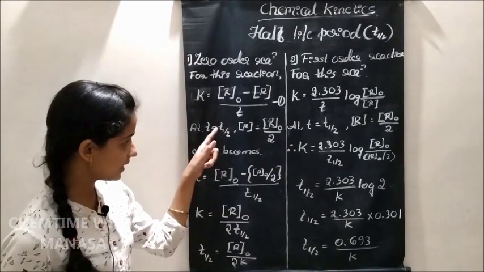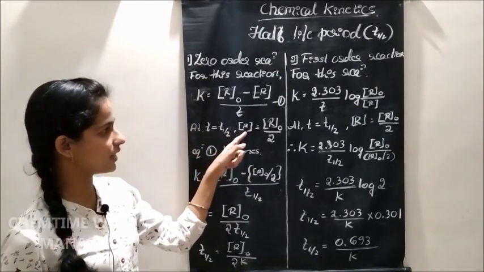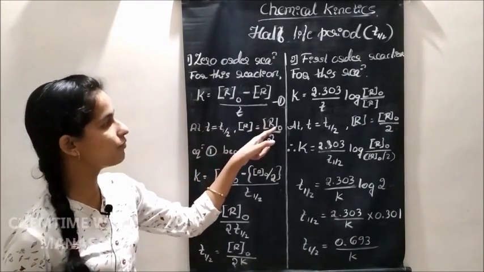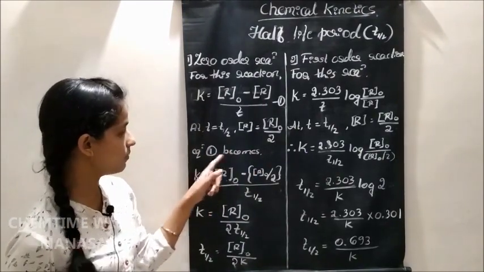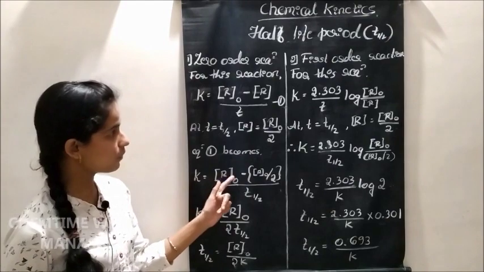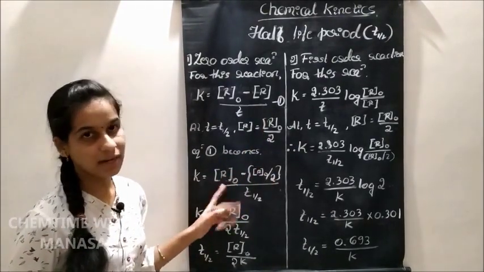That is, at T half, the half-life period, the concentration of the reactant is equal to half of its initial concentration R naught. Then equation 1 becomes K is equal to R naught minus R naught by 2, divided by T half.